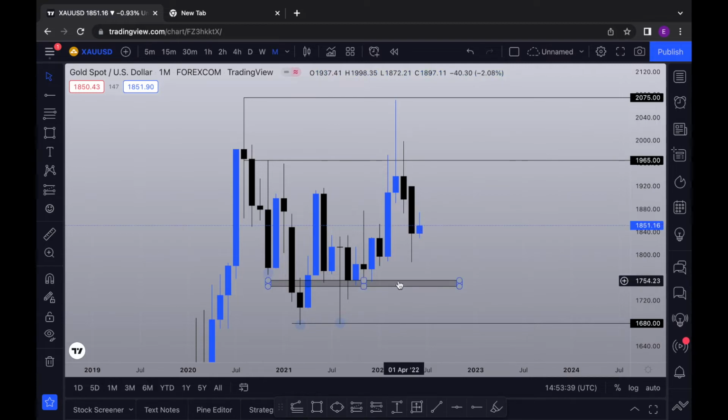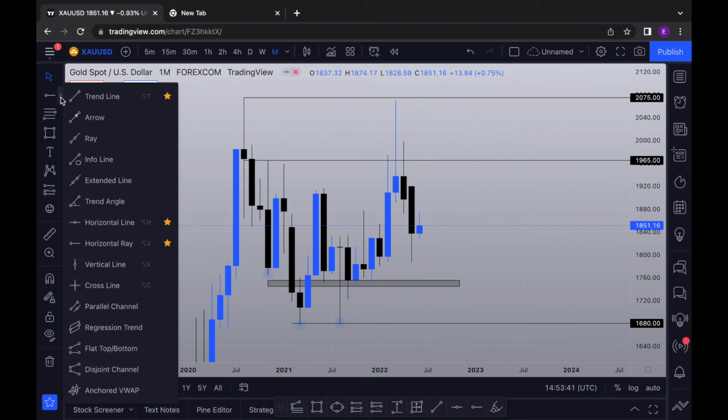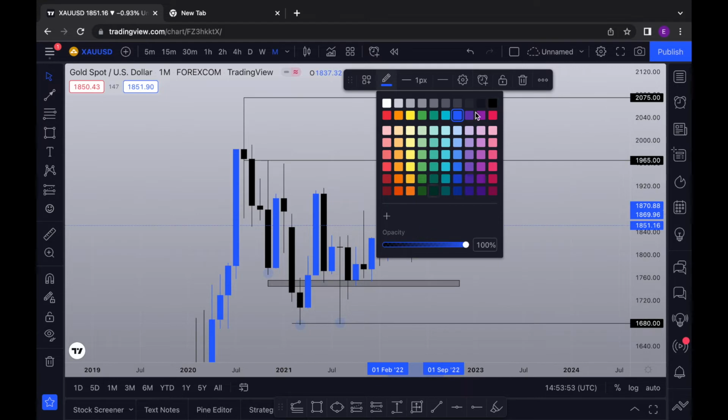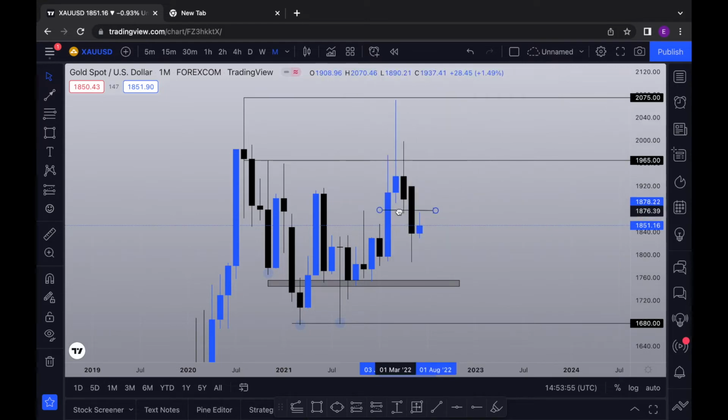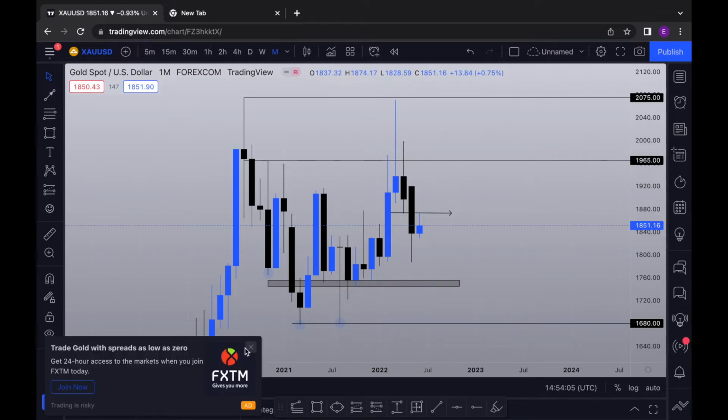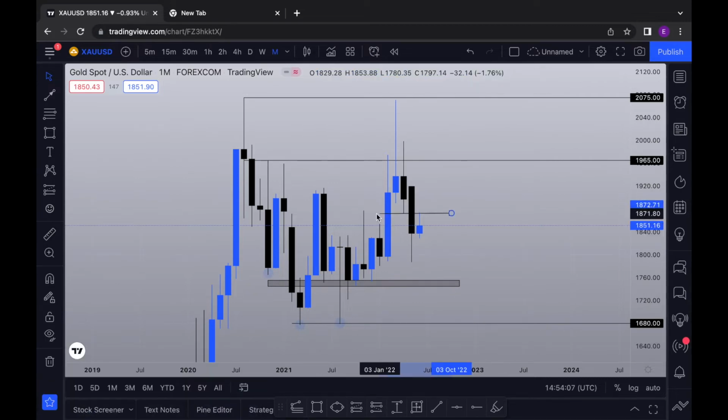What I'll simply do is use my arrow tool to mark this place. Because if you look at this, gold is just respecting this level here, and it's starting to go back down.